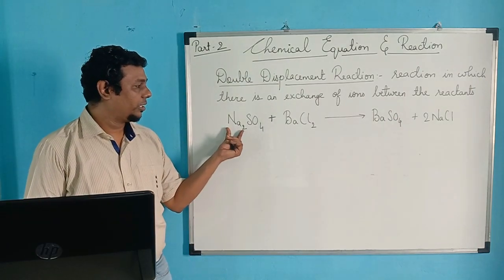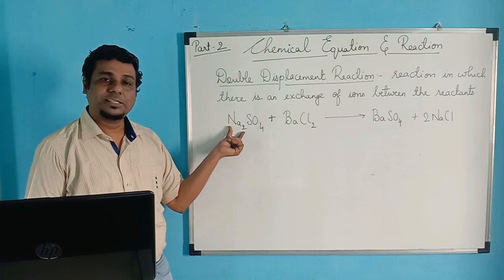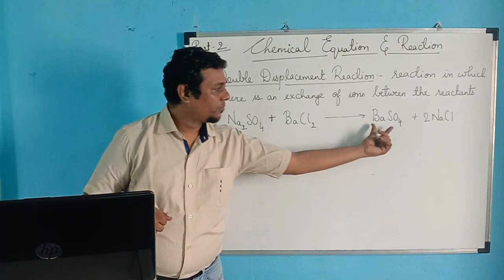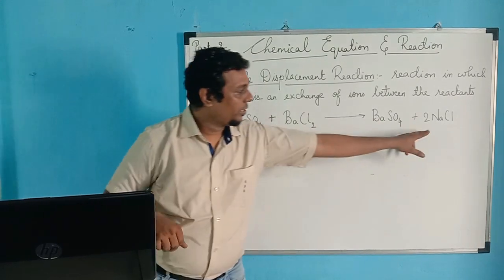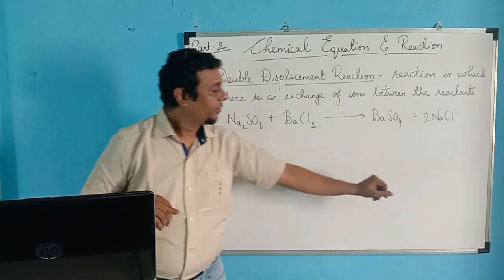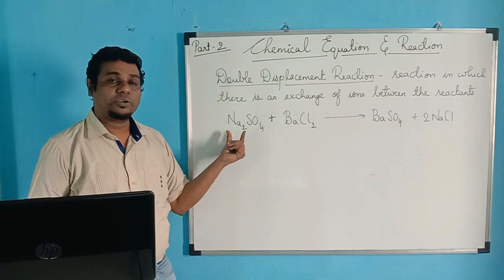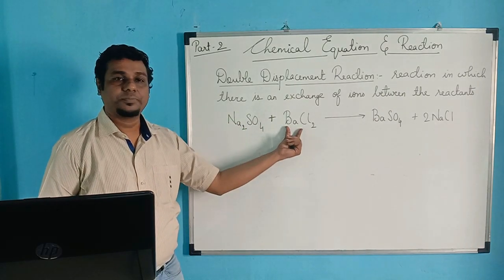Here, sodium displaces barium and barium displaces sodium. Sodium sulfate becomes barium sulfate and barium chloride becomes sodium chloride. That is what we call double displacement, because two ions get displaced among each other.